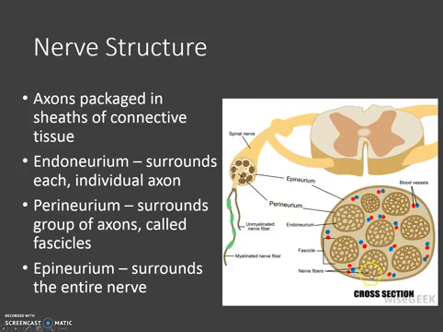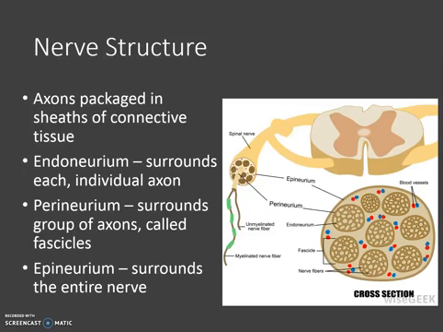So we can look here. These would be little nerve fibers here, and there would be a little endoneurium around the axons themselves. Now, just like in muscles, the perimysium surrounded a group of skeletal muscle cells called fascicles.